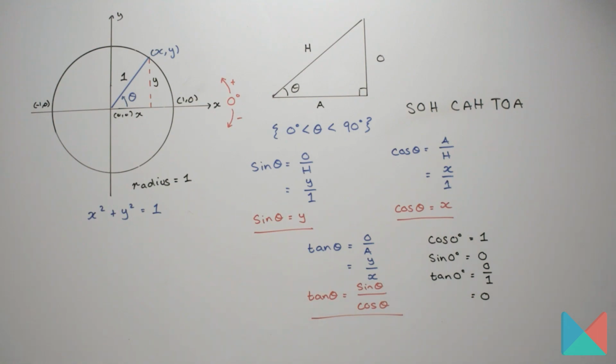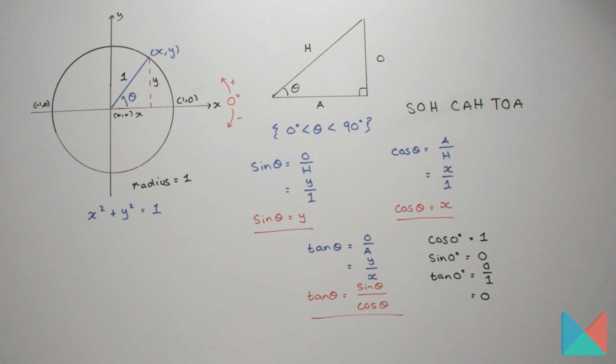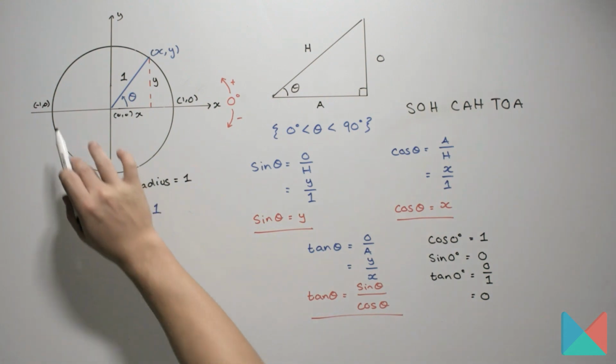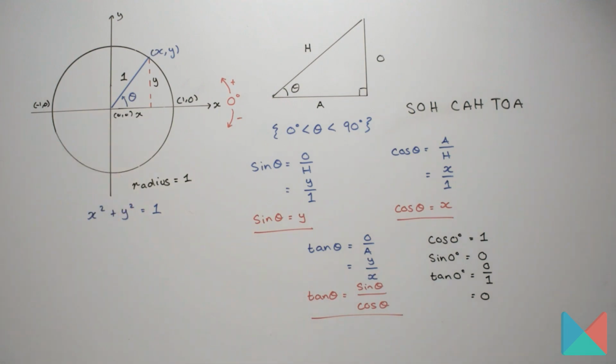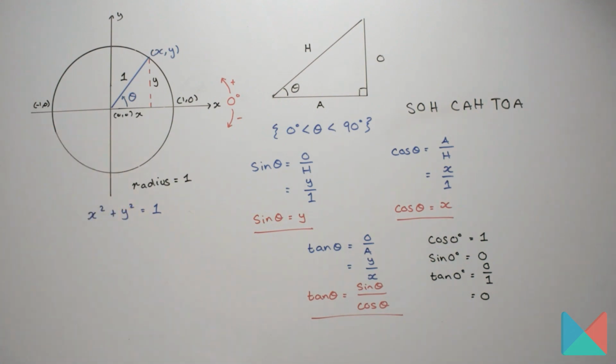And if I asked you what is cos of 180 degrees, well, that's just going to be the x component. So cos of 180 is -1. And sine of 180 is equal to the y coordinate, which is 0. And then obviously tan is just going to be the ratio between the y and the x. And so we find 0 divided by -1 will be tan of 180, which is equal to 0.